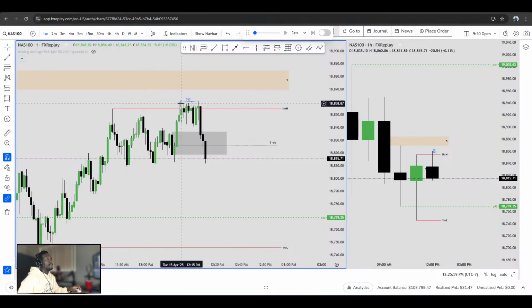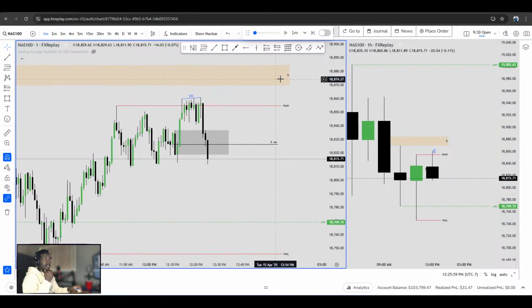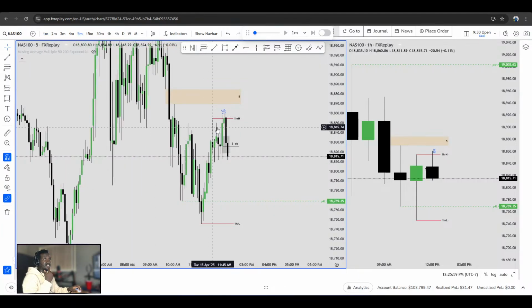Good thing is this one has taken this high and this one has taken this high, even if it's just by some points. So everything is checked out here, so I'm gonna take that trade. That was the last down candle before we went up, and then we shot down. I need to see a candle closure below that zone, and I need to see a 5-minute order block.